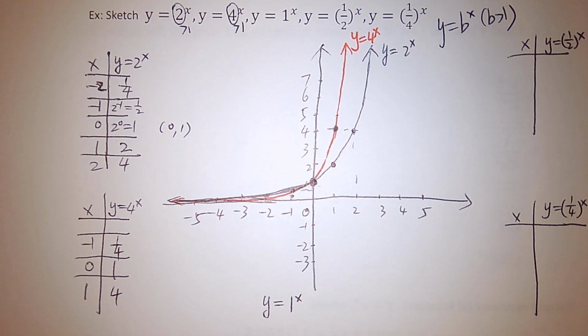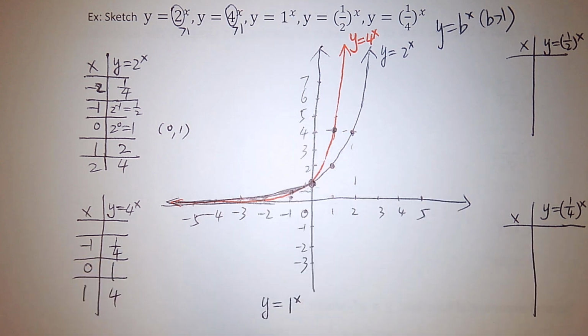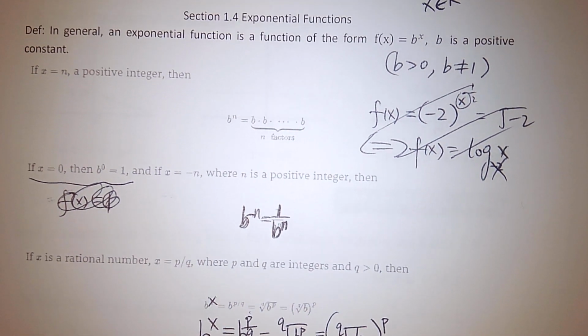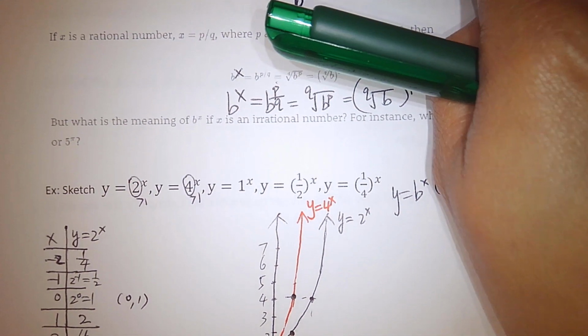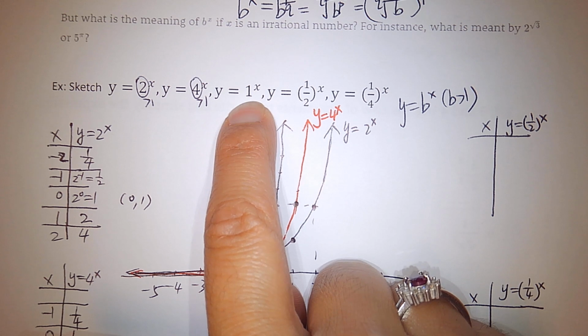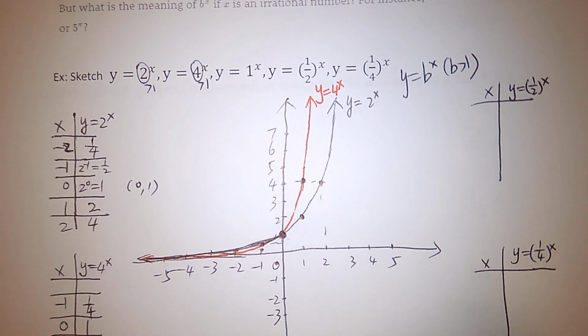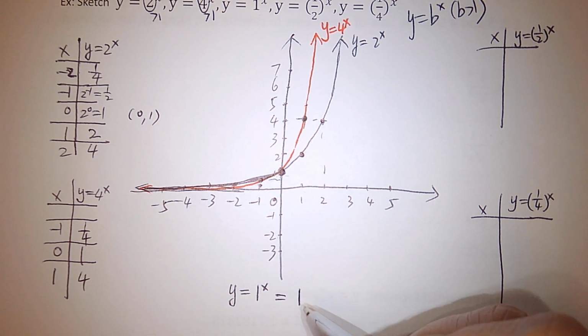That's fine. Okay, so the third question is y equals 1 to the x power, when base b equals 1. Remember just now I said base b cannot be 1. Why? Because if base b equals 1, it just describes a line with y equals 1. So y equals 1 to the x power, whatever x is, it is 1.